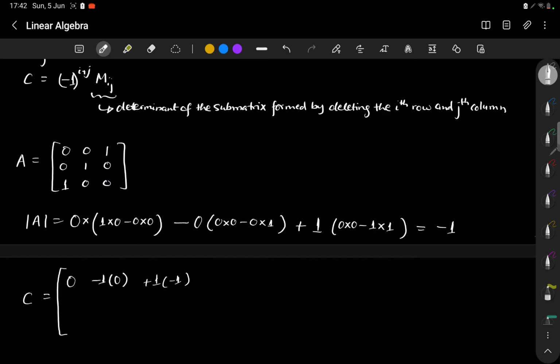Similarly, we will do it for the other elements as well. So now focusing on this element, we'll delete this column and this row. So this gives us a determinant of 0. And then this one has a determinant of -1, and here we will have 0.